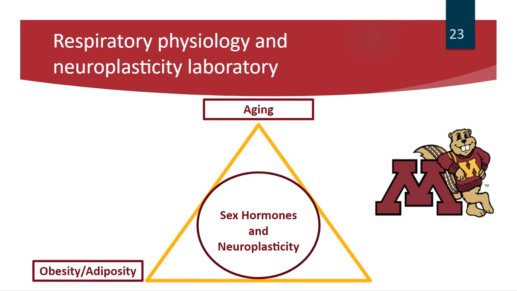We also are interested in adiposity and obesity. I have another graduate student, Dr. Rebecca Fetzer, who is developing a model of rodent obesity that mimics the hormone profile changes that are seen in humans that have obesity or increased adiposity. And we want to determine whether or not those changes in hormones as a result of increased adiposity affect our ability to induce neuroplasticity.